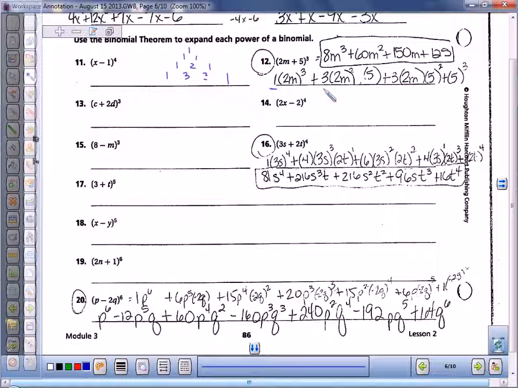Look, 1, 3, 3, 1. This is the fourth power, so it's going to be that next row. 1, 4, 6, 4, 1. And then what we have to do is make sure we're raising the whole term to that power.